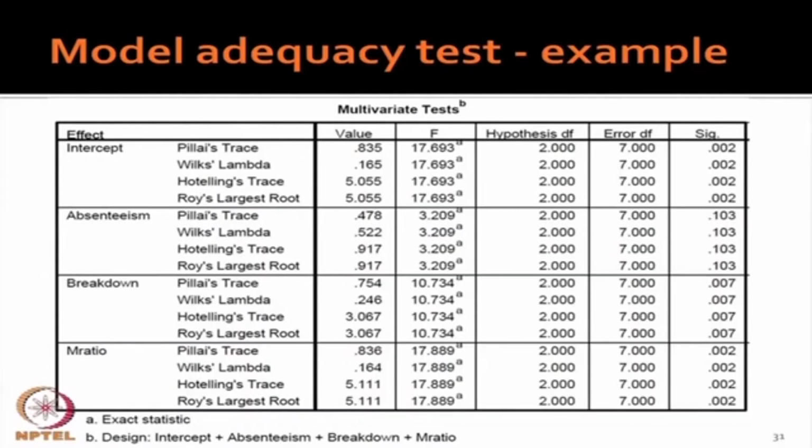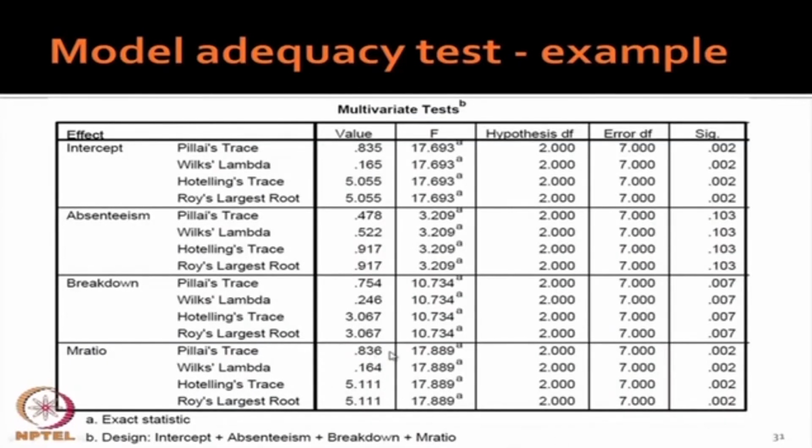Fine. Then you say breakdown for every stress. Interestingly, everyone, Pillai, Wilks, Hotelling's T-square, everyone is giving almost equal probability levels, but the values differ, and the degrees of freedom remain the same, the error degrees of freedom also remain the same.